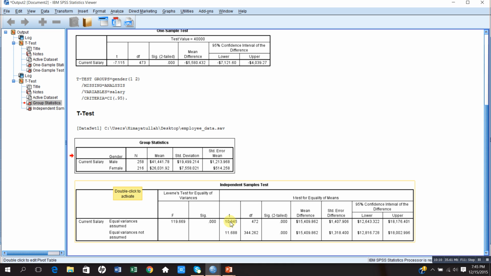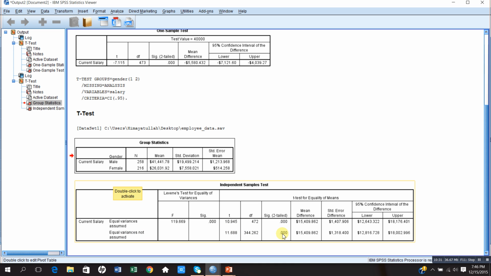If this value were greater than 5%, then we would fail to reject this hypothesis, and in that case we would read this t value. But since we reject the null hypothesis for the equality of variances, we will read this t value, which is in front of equal variances not assumed, and this t value is also significant.